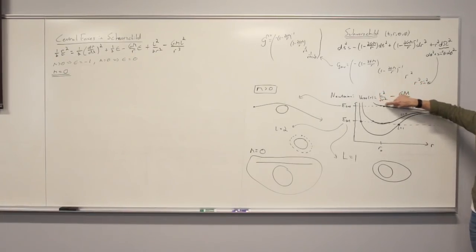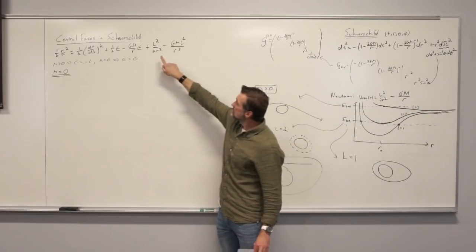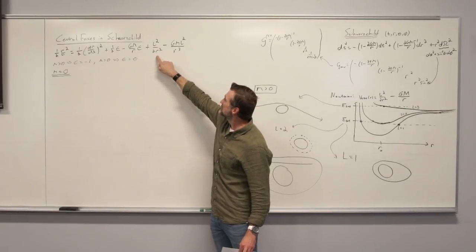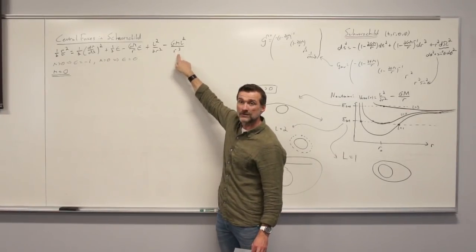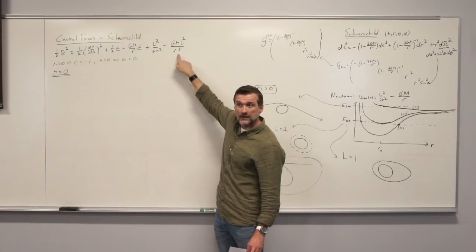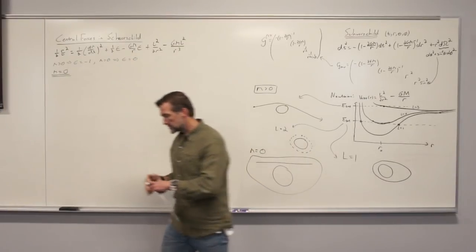You still get this term because of the angular momentum, but in general relativity, for massless things, you get the potential term, the angular momentum term, but you also get this term. This is new. This is the difference between general relativity and Newtonian gravity for massless particles. These are 0 for massless particles.